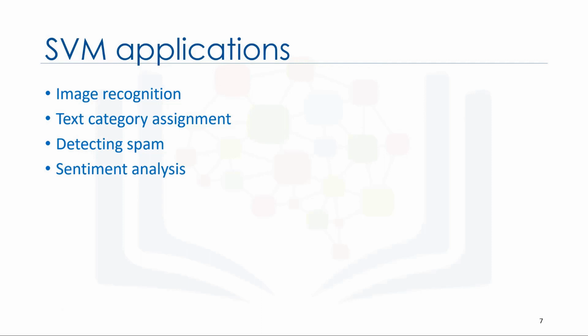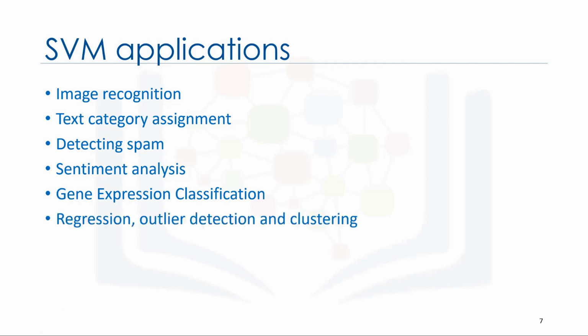Another application of SVM is in gene expression data classification, again because of its power in high-dimensional data classification. SVM can also be used for other types of machine learning problems, such as regression, outlier detection, and clustering.